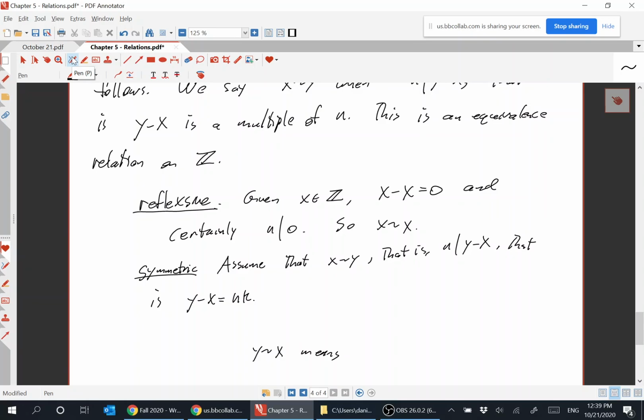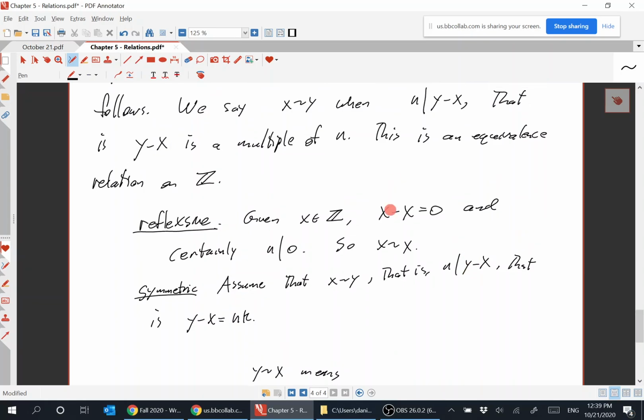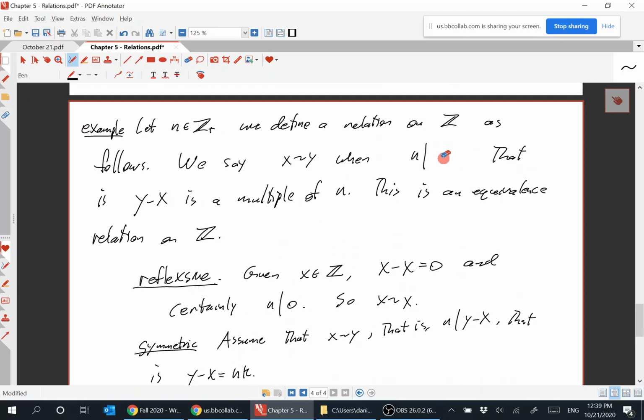That y minus x is... Nope. X is related to y means that n divides y minus x. Oh, sorry. Yeah. Well, I'm sorry. Let's just turn it around. I guess this is confusing everybody.